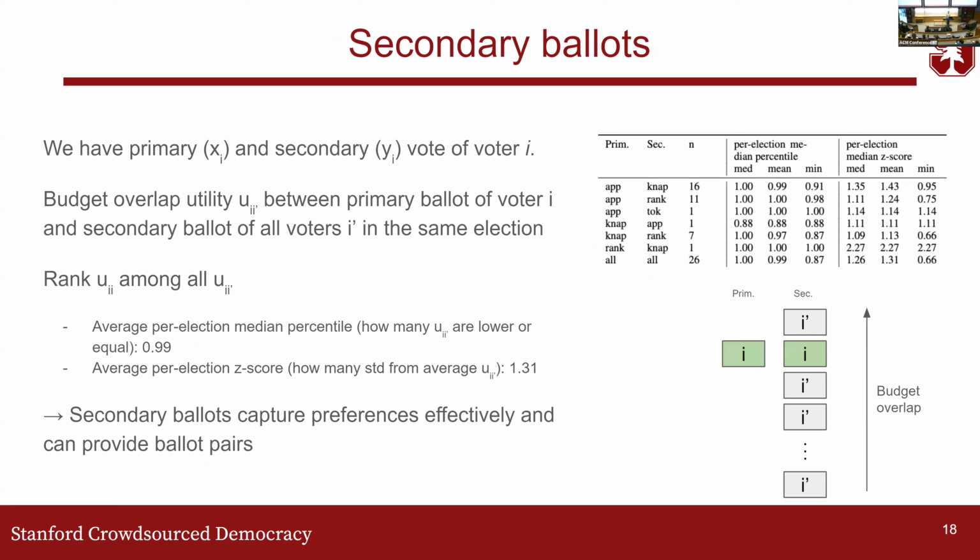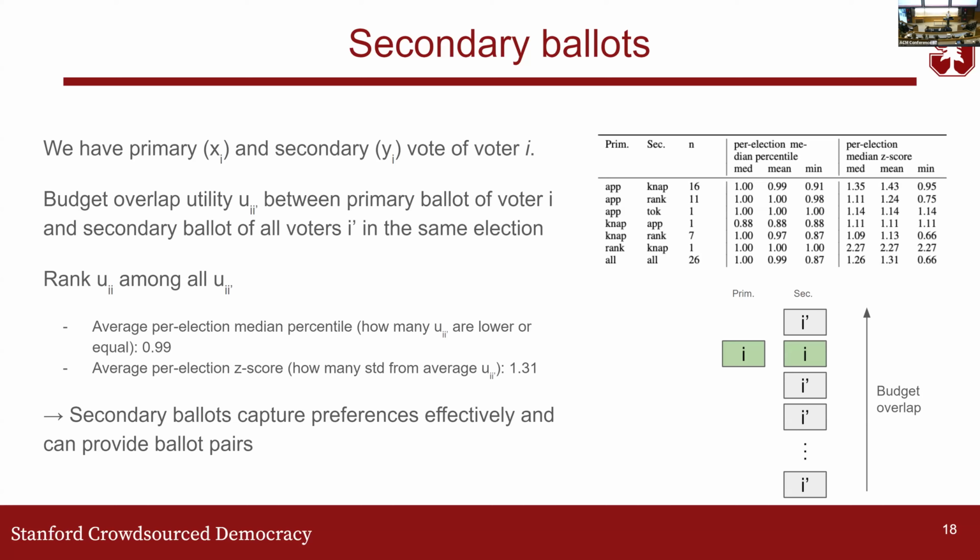So the first thing we wanted to test is these secondary ballots. That's all nice and fun, but can we actually trust them, right? Is this actually a method? Are people filling them out seriously? So what we did is we took people's primary ballots, we took all the secondary ballots in that same election, and we calculated a budget overlap between every pair of those ballots. And then we ranked people's utility among all the possible utilities if we would have taken a random secondary ballot, and looked at what percentile they end up.